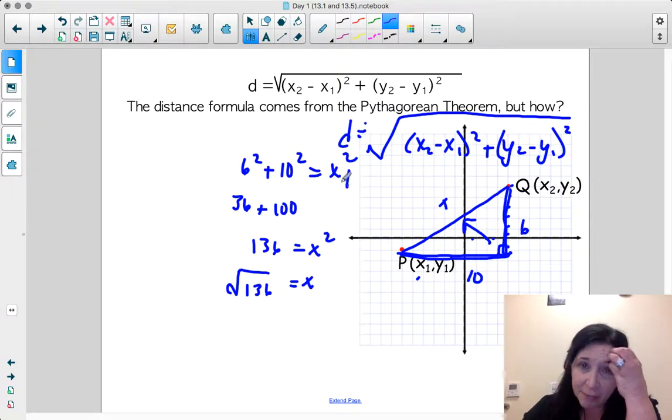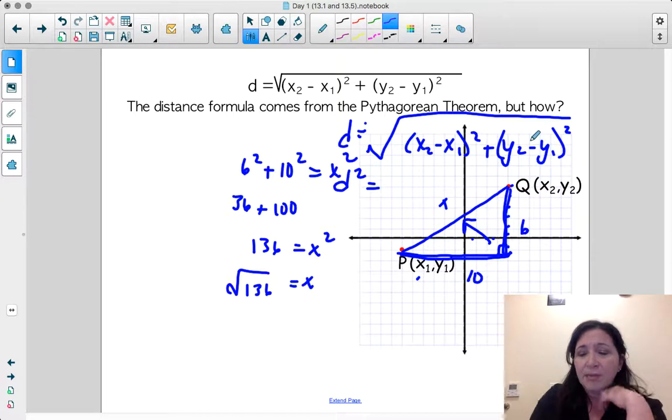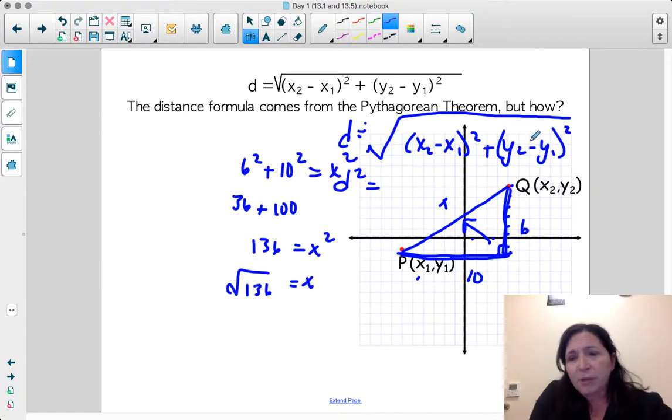That came from distance squared equals this value. So anyway, that's where the Pythagorean theorem comes from. On any of the distance problems, you can use the Pythagorean theorem, unless in your lesson I'm asking you to specifically use the distance formula to solve.